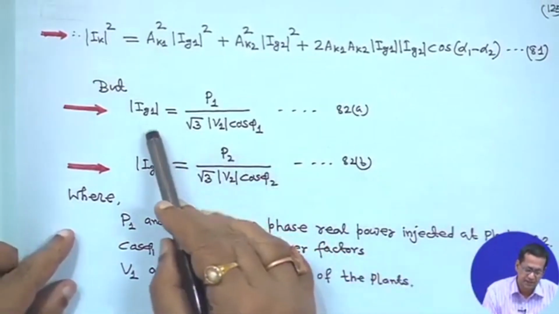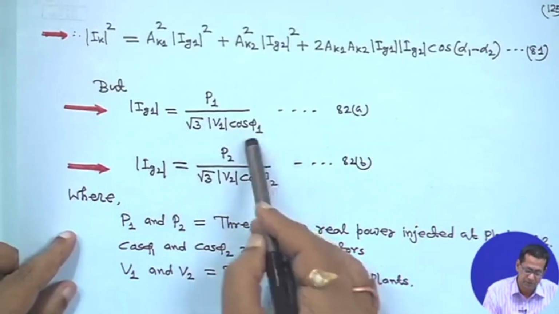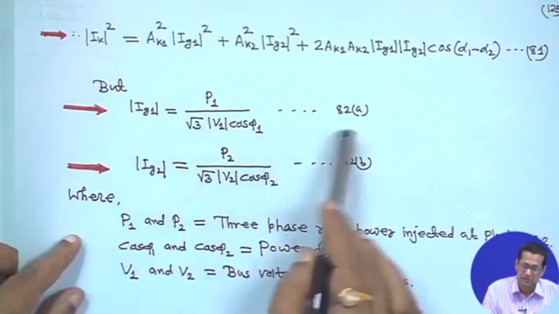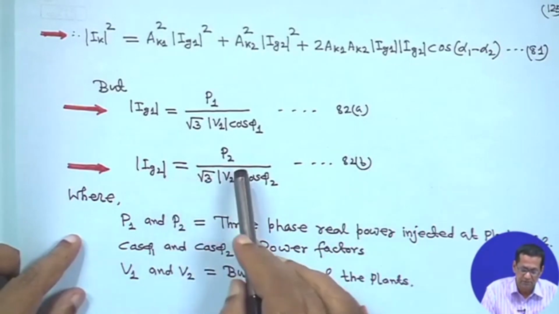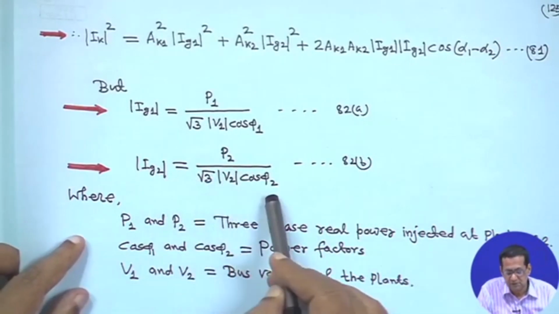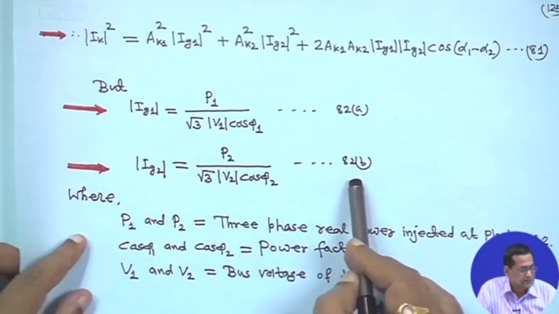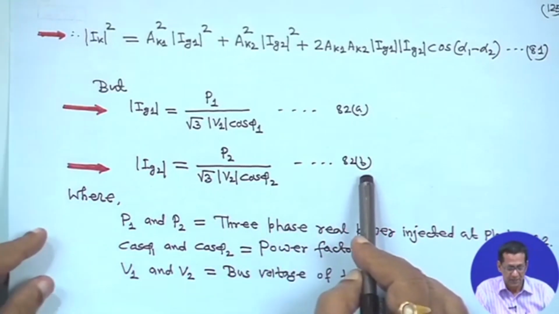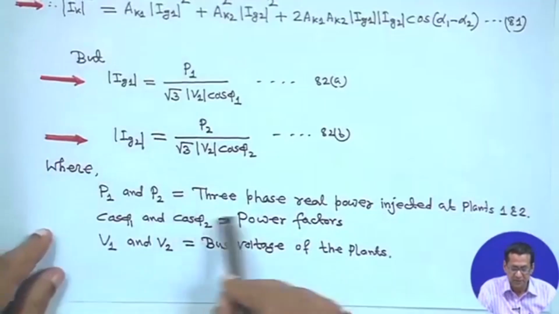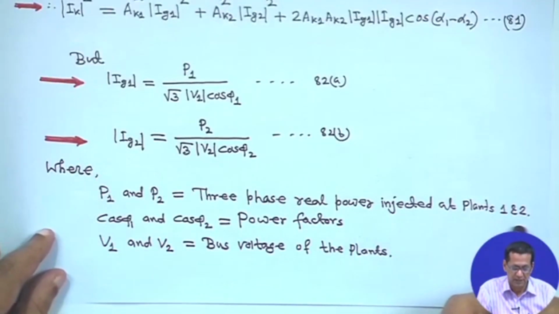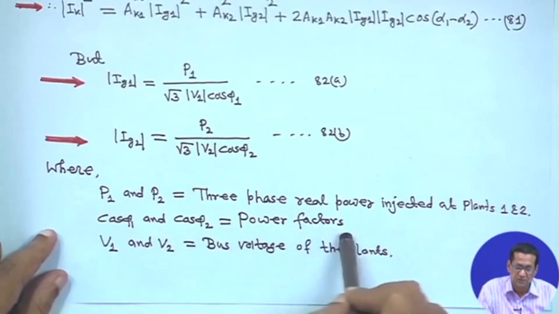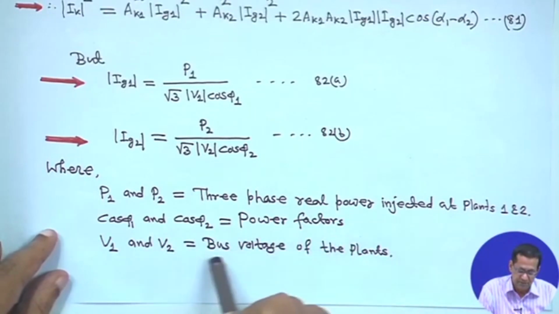This is equation 82a. And magnitude I_g2 is equal to P2 upon root 3 magnitude V2 cosine phi 2, equation 82b, where P1 and P2 are the 3 phase real power injected at plants 1 and 2, right.